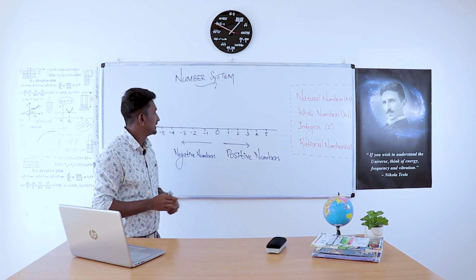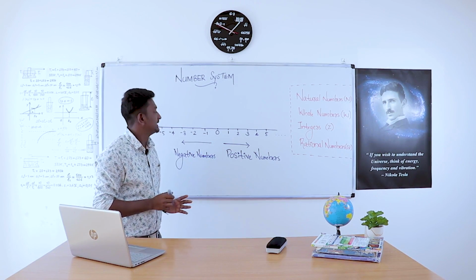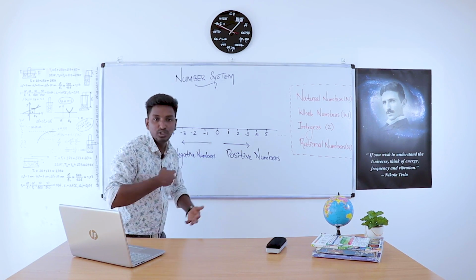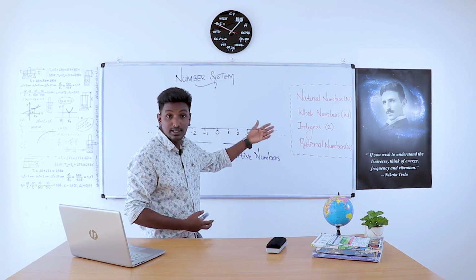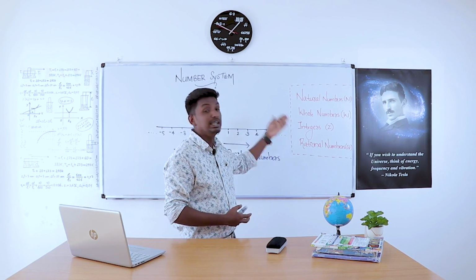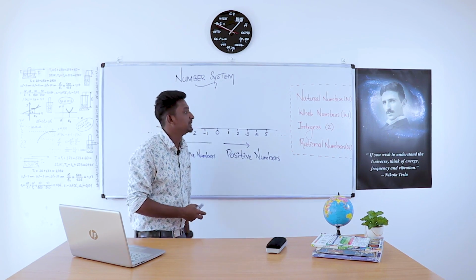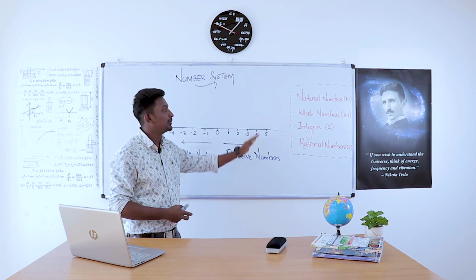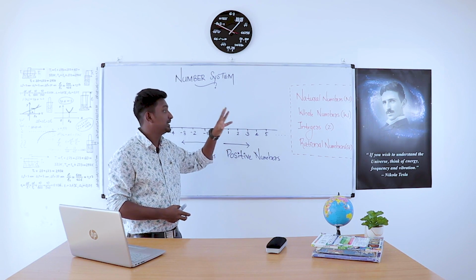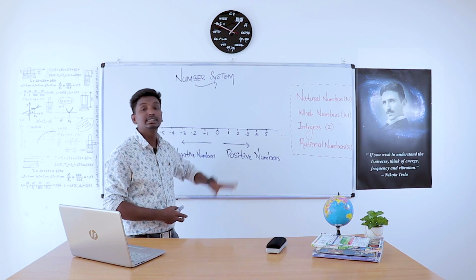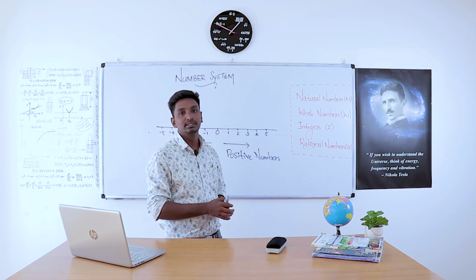By considering this number line, I am going to define natural numbers, whole numbers, integers, and rational numbers.